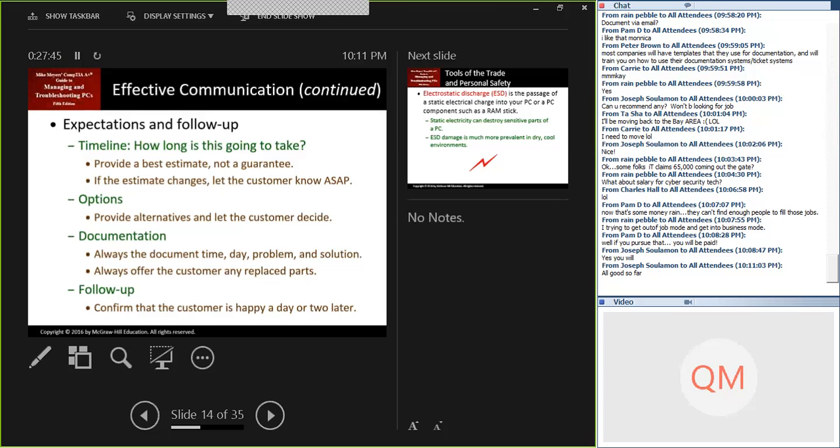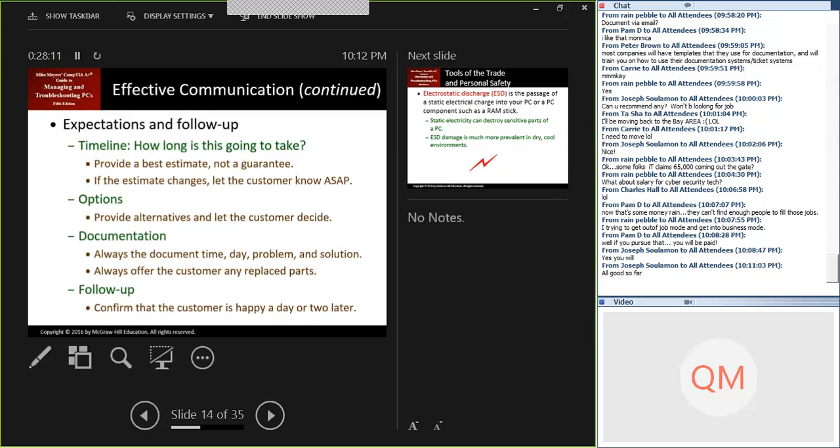A lot of times, depending on what you're fixing, they've taken a maintenance window and taken the system out of production for this specific window of time for you to be able to fix it. So if you're going to go outside of their service window or maintenance window, then you need to let them know as soon as possible so that they can prepare for that.